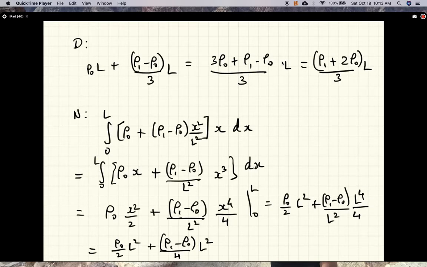So let me simplify this. Rho naught by 2 is 2 rho naught by 4, so actually this will simplify too. So (rho 1 plus rho naught) divided by 4, times L squared. So that's what that simplifies to.